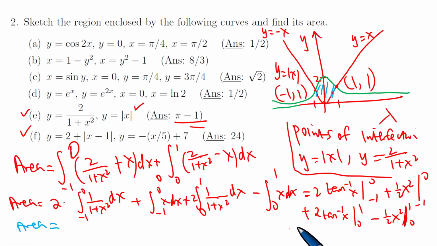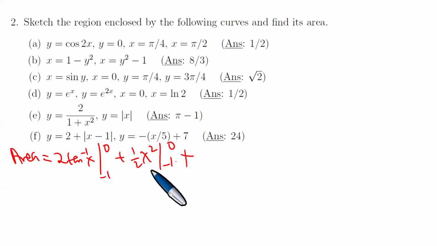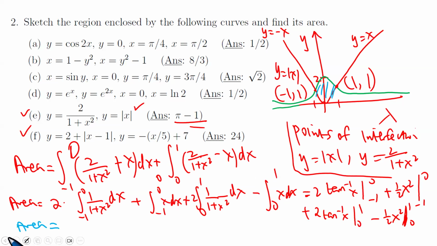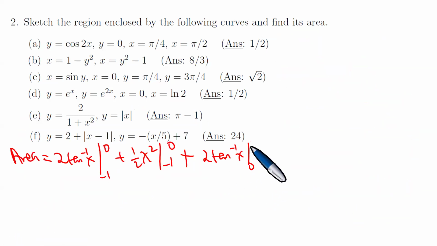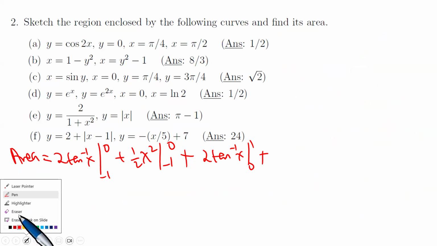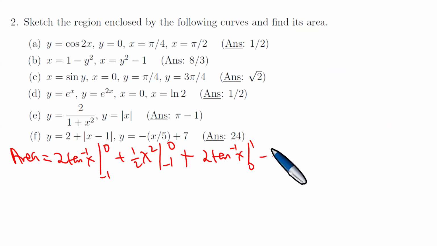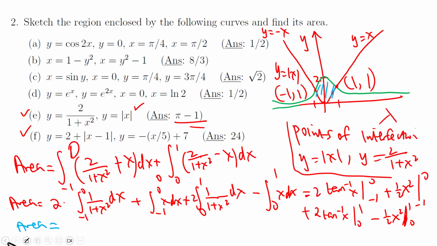And then you have 2 arctan x from 0 to 1, minus 1/2 x squared from 0 to 1.